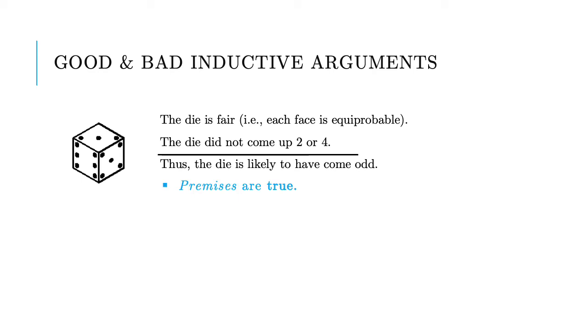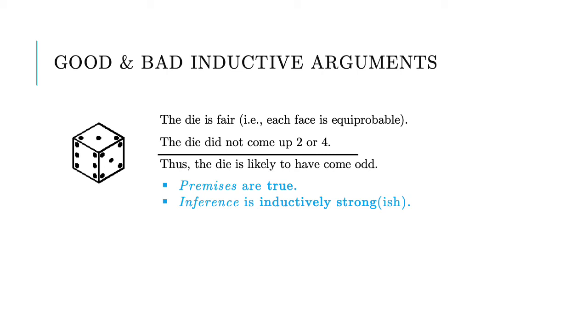We can observe that here the premises are true. The die is fair, and I would assure you of that by stipulation of this imagined scenario. And the inference is inductively strong-ish. To spell out what we mean by that, here we have that the die did not come up 2 or 4. So that means the only way for it to have come up even is to come up a 6, right?